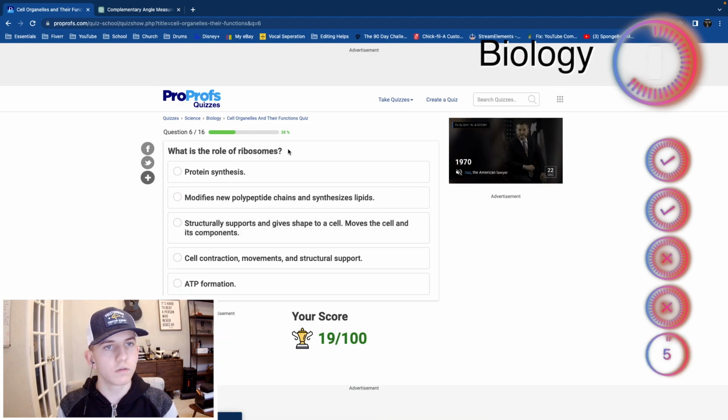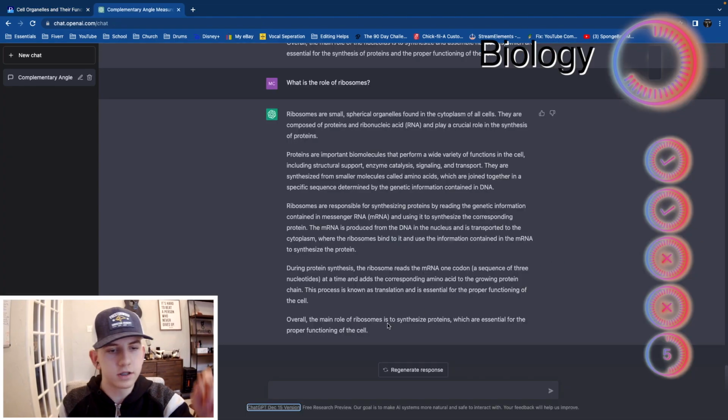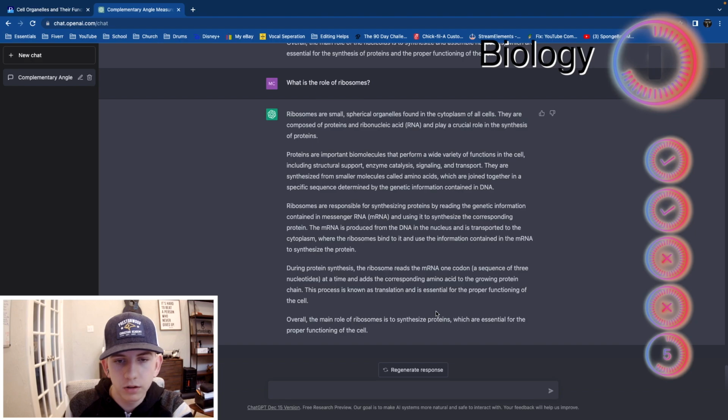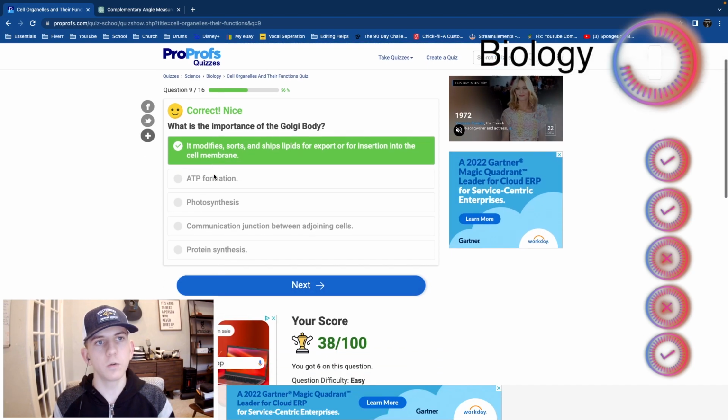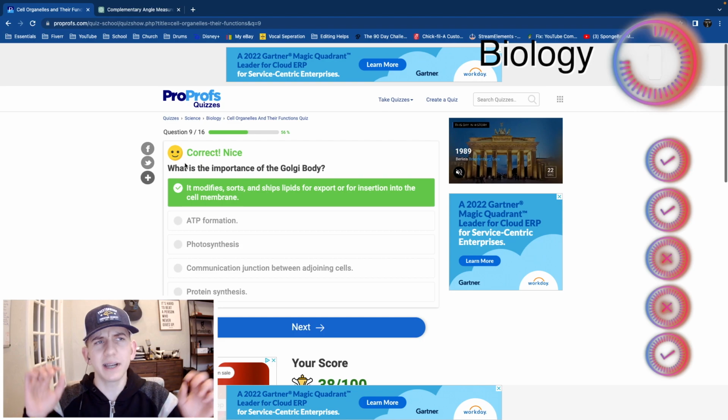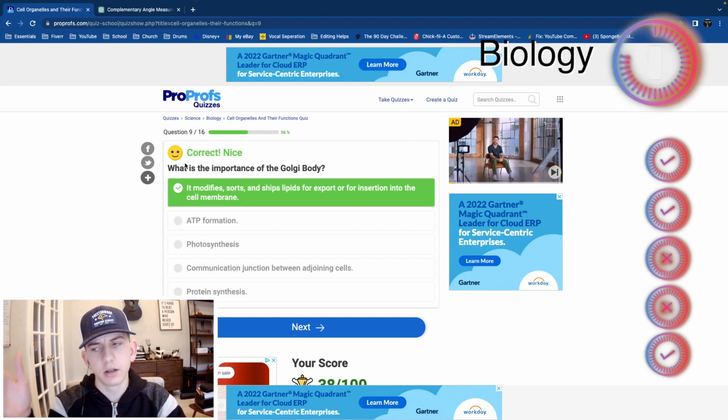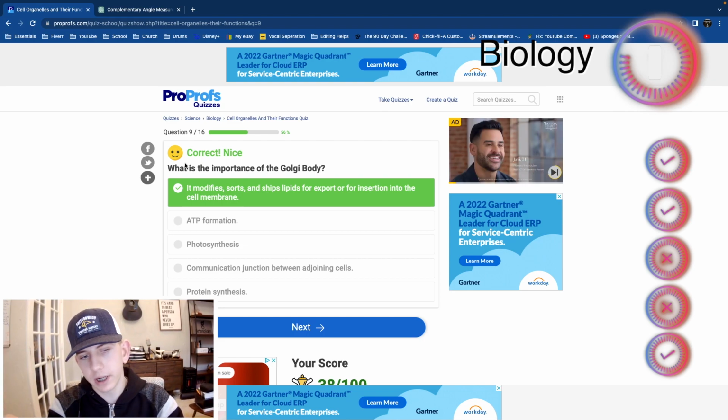What is the role of whatever? These words are just so freaking complicated, bro, literally. Alright, it says overall main role is to synthesize proteins. Boom. Alright. So, overall, I would say Chat GPT did great on the aspect of biology, you know.